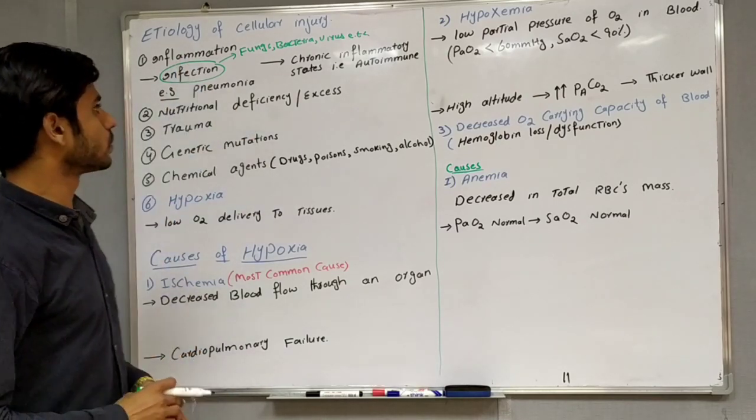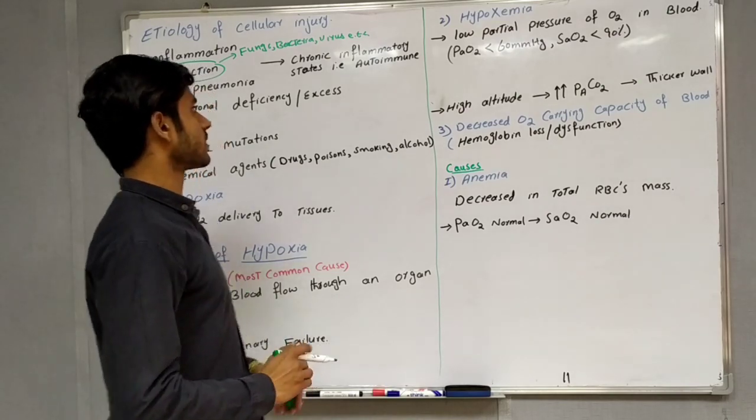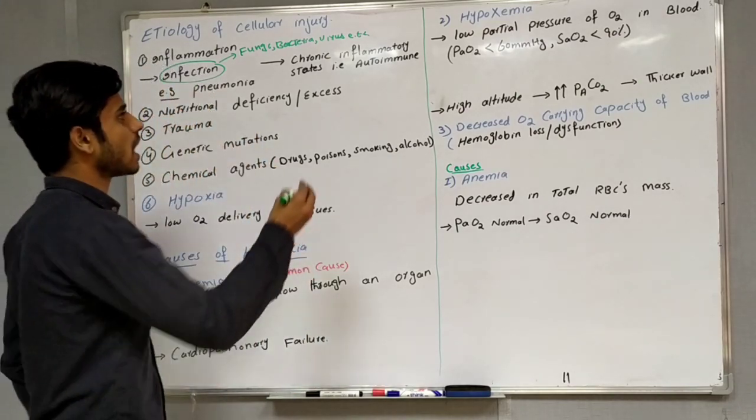The second inflammation is through chronic inflammatory states. An example of a chronic inflammatory state is the autoimmune system. What happens in the autoimmune system?